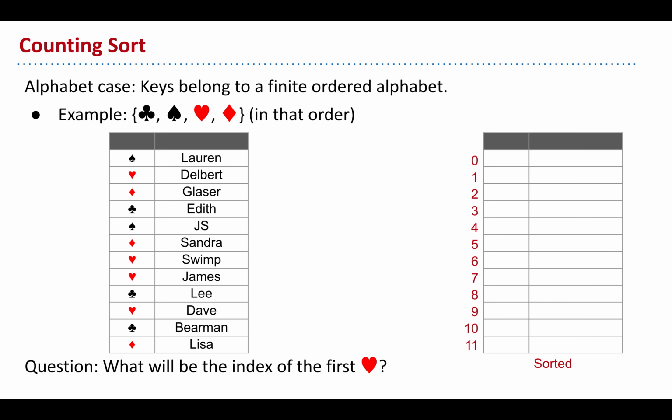Okay, any ideas for where the first heart entry would fall in our final array, if we know that we go clubs, then spades, then hearts, then diamonds?